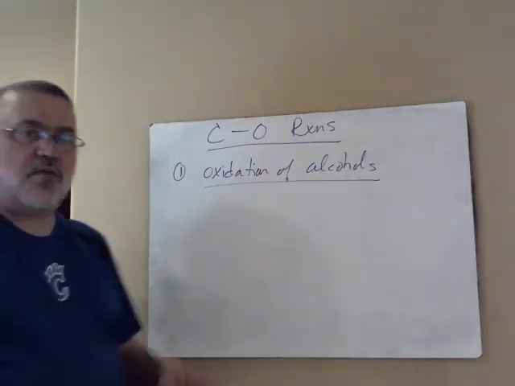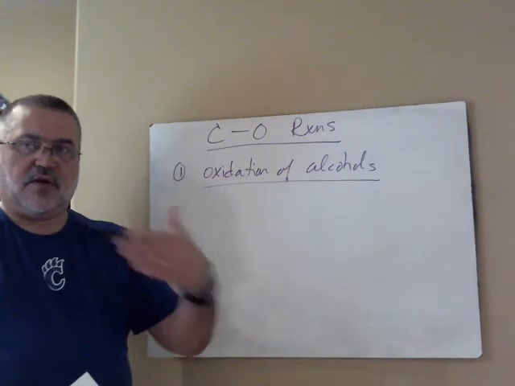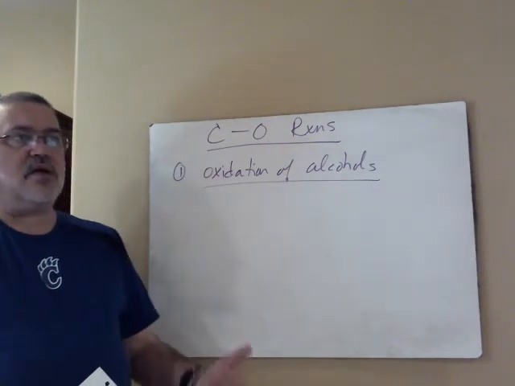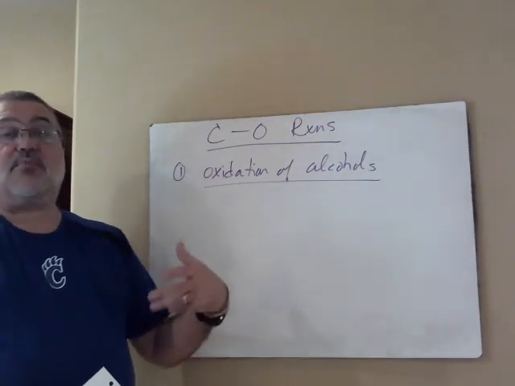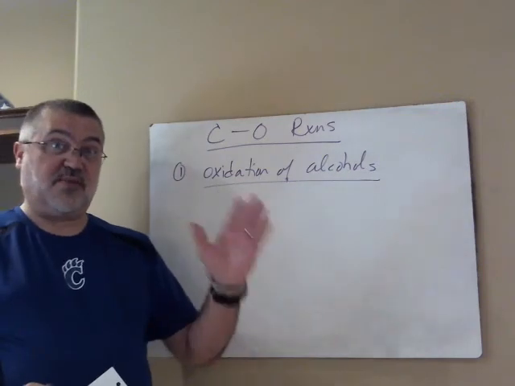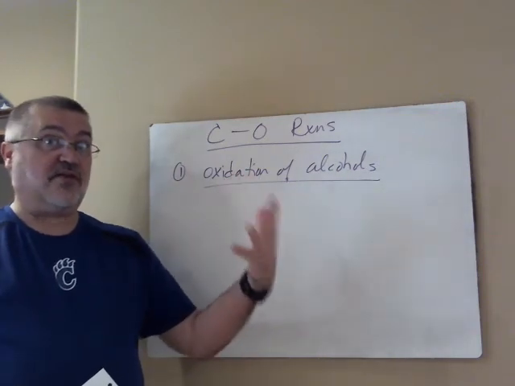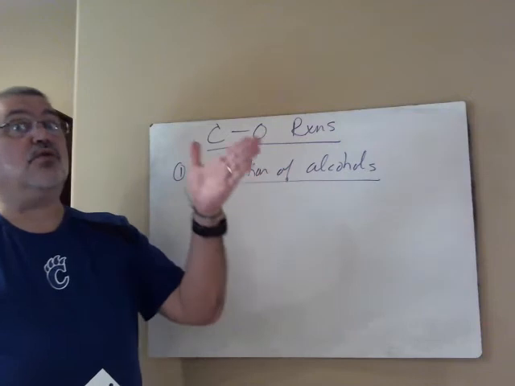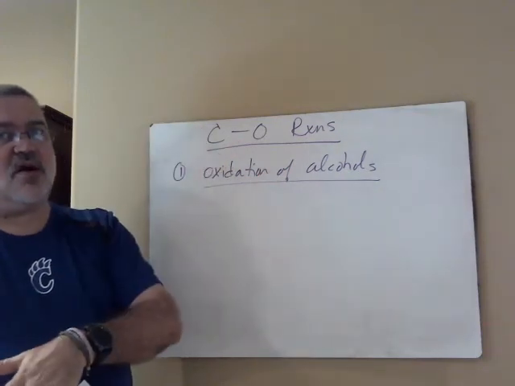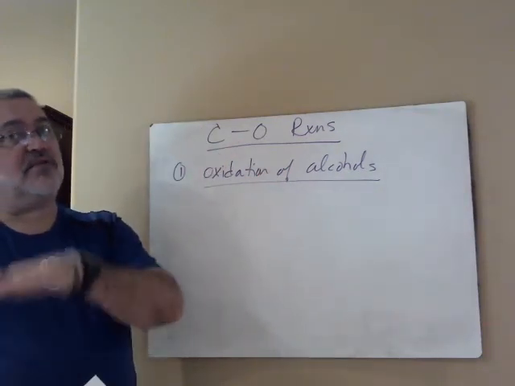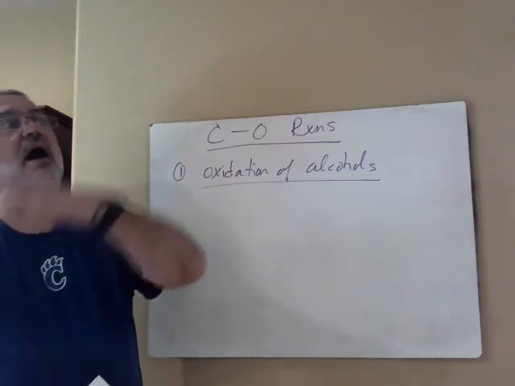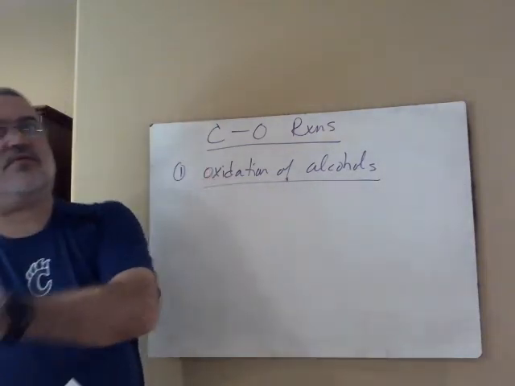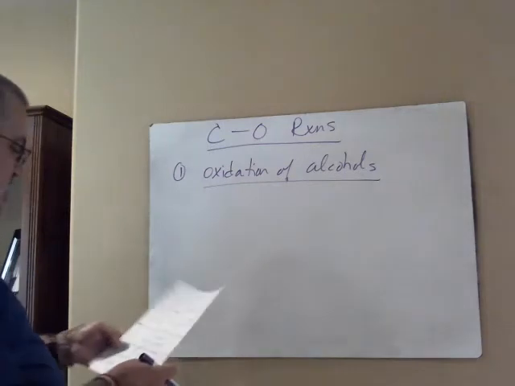If you remember, when we were talking about preparation of alcohols, we talked about taking ketones and aldehydes, for example, and reducing them to alcohols. Well, now we're going to talk about what happens if you take an alcohol and oxidize it. So that's going to be the reverse reaction.